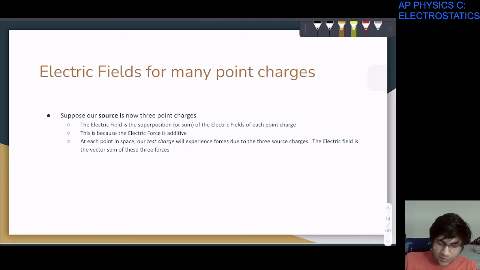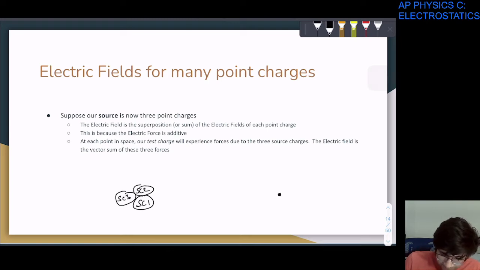Okay, now one more thing. Suppose our source is now three point charges. Now the electric field is just going to be the sum of each of those three electric fields. It's additive. So at each point in space, if we have a test charge, it's going to experience the forces due to all three source charges: source charge 1, source charge 2, and source charge 3.